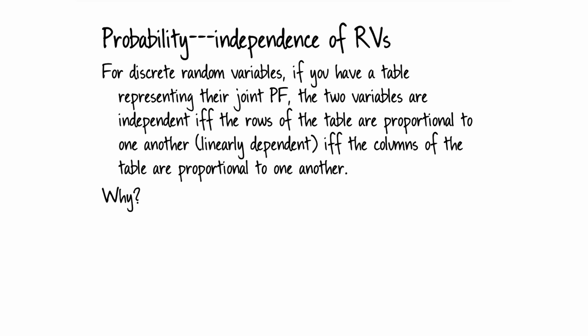Okay, so let me tell you one additional fact and do one additional example that I hope will solidify your intuition a little bit about independent random variables and joint distributions. So here's the fact. For discrete random variables, if you have a table representing their joint probability function, the two variables are independent if and only if the rows of the table are proportional to one another, if and only if the columns of the table are proportional to one another, okay?